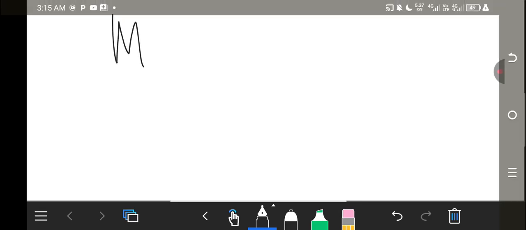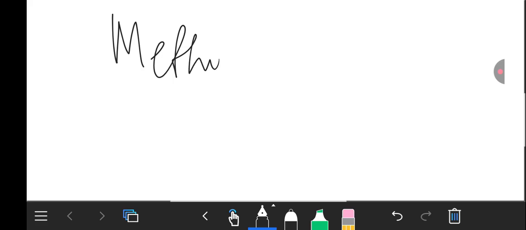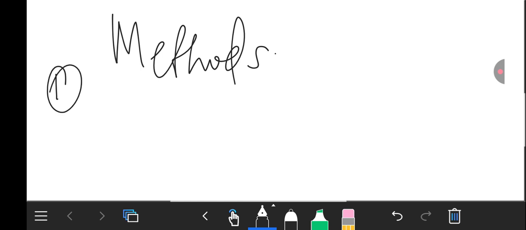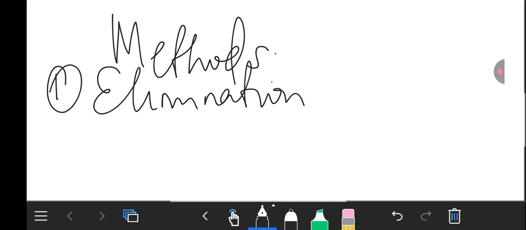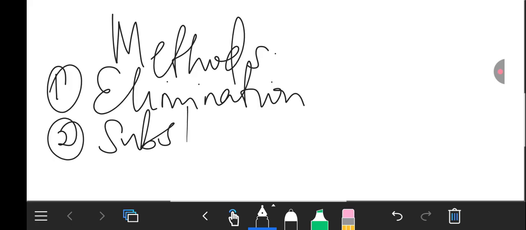Now let's look at the methods you can use. There are various methods you can use. You can use what is known as the elimination method. You can use the substitution method.